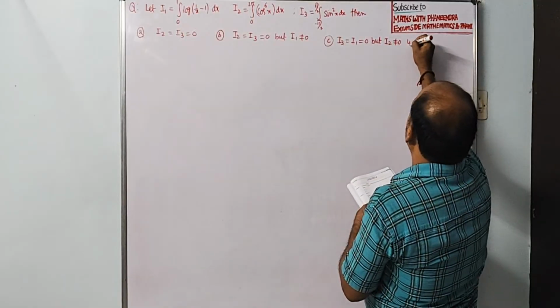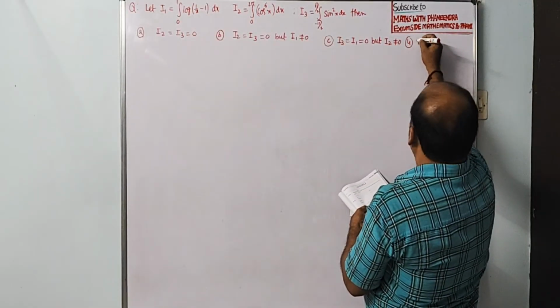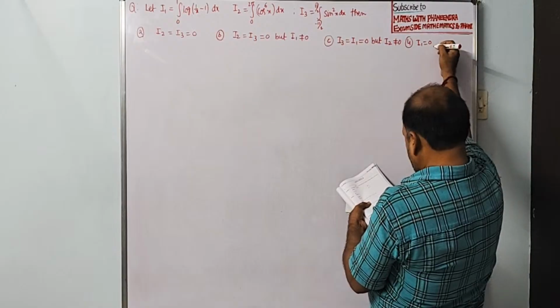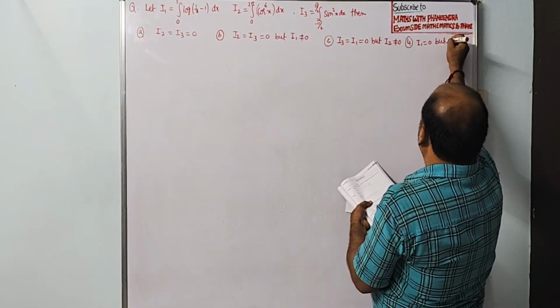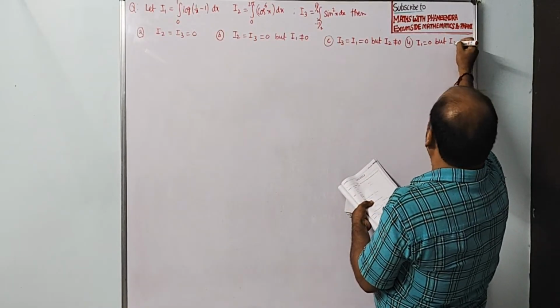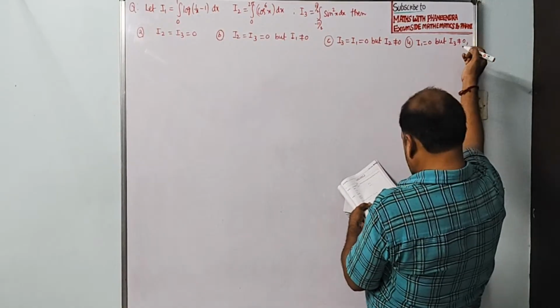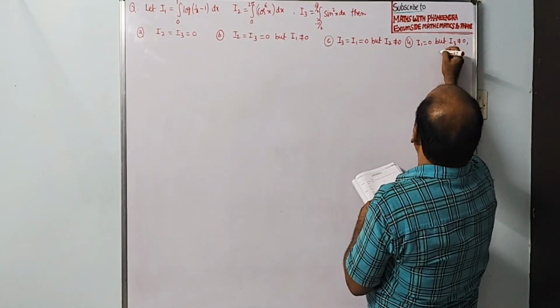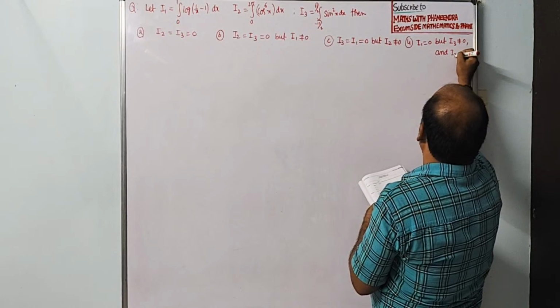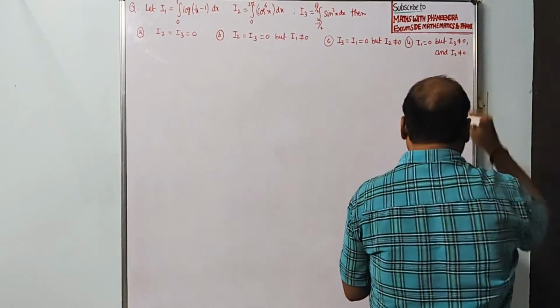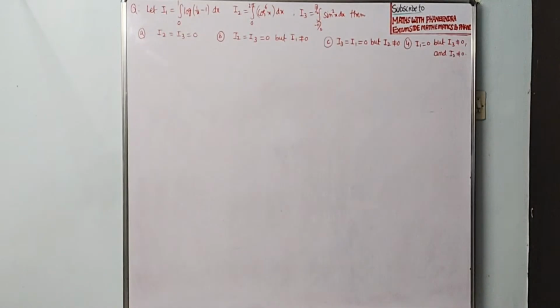The fourth option, I1 equal to 0, but I3 is not equal to 0 and I2 is not equal to 0. So these are the options provided.